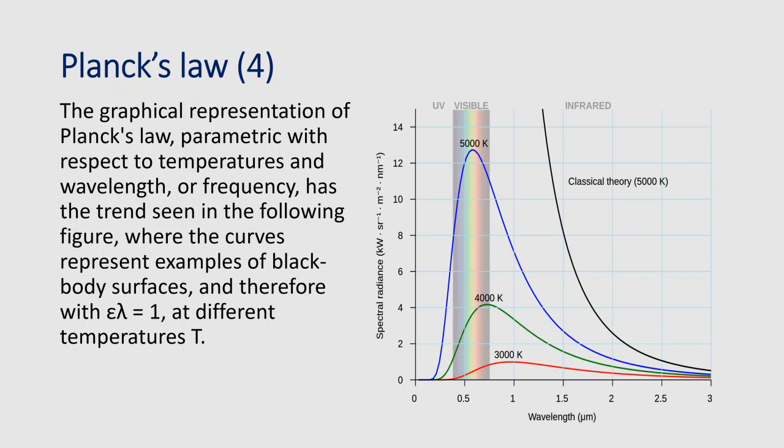What is quite amazing, in my opinion, about these laws is that real bodies, like the Earth surface or the Sun, do not emit the same quantity of energy for the different wavelengths.